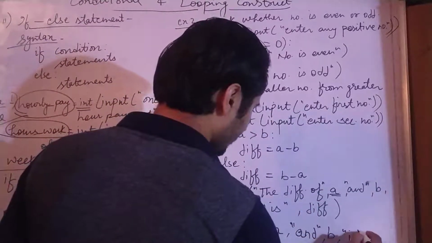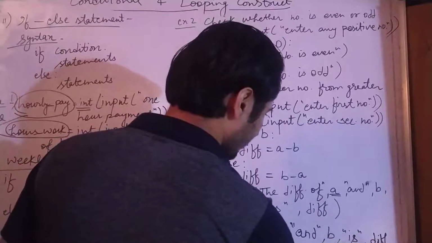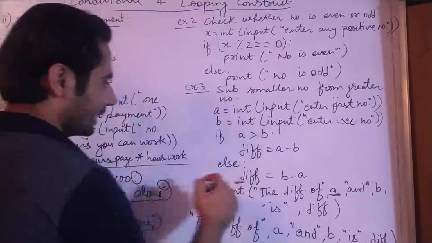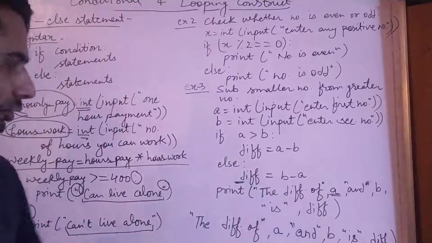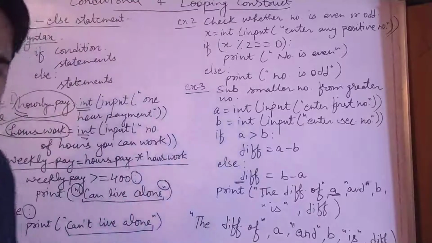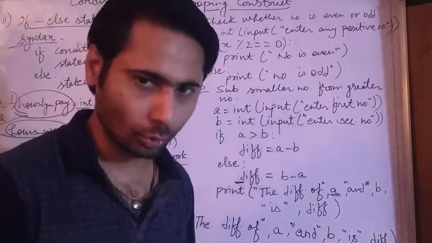is, comma, difference. Because difference also contains a value. So the variable that contains some value, we don't need to put them in double quotes.